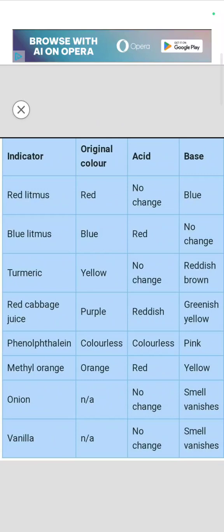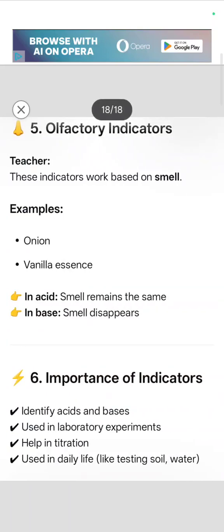We have read about the natural indicator and the man-made indicator. Another type of indicator is olfactory indicators. These indicators work based on smell. Some examples of olfactory indicators are onion, vanilla, clove oil.